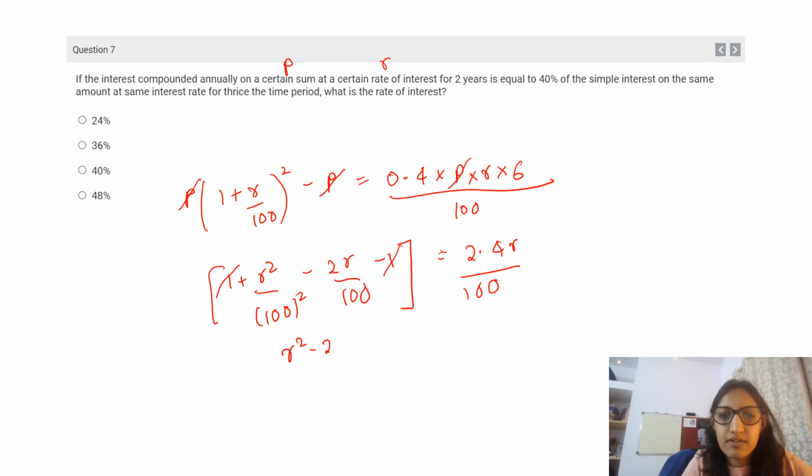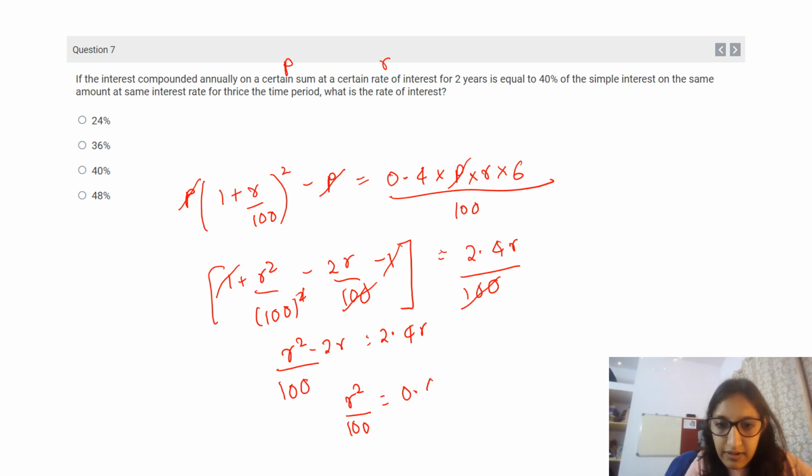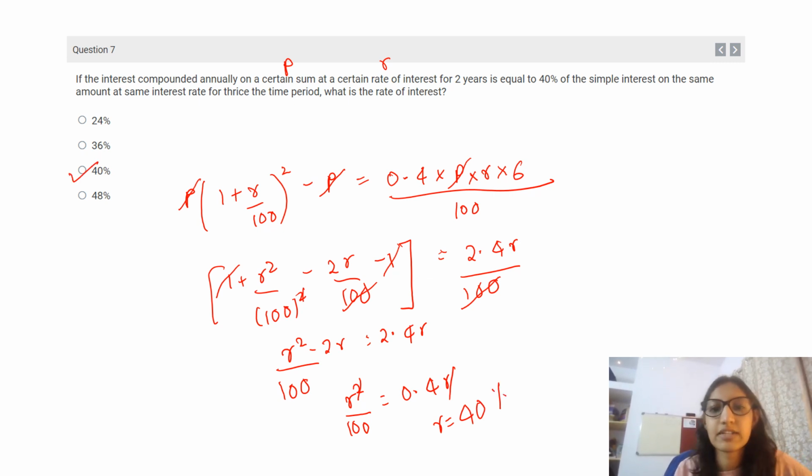I'll just cancel this 100 also. So R square by 100 minus 2R gives you 2.4R. That means R square by 100 is equal to 0.4R. R is 40%.